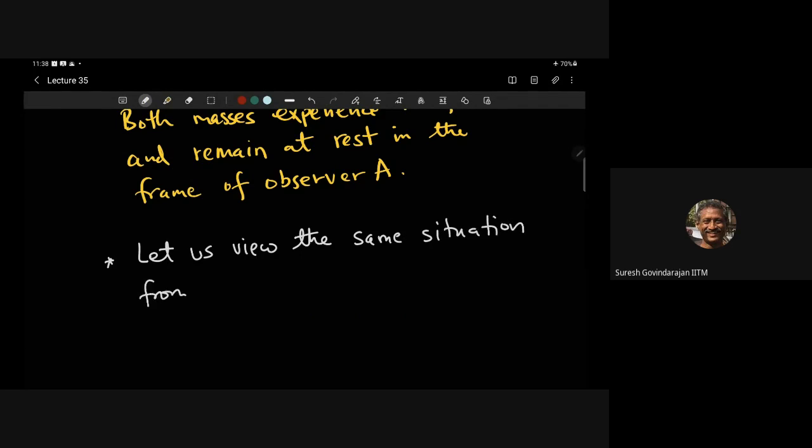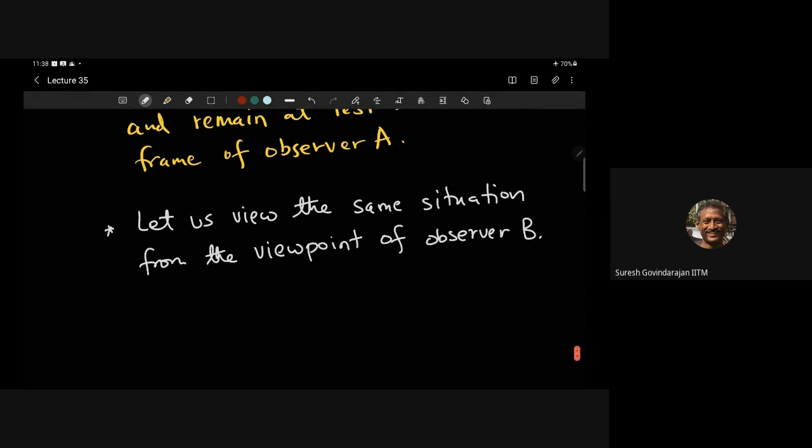Okay. So now let us view the same thing from the viewpoint of observer B. First thing is, what can we say about the two masses? Will they be at rest? They will be moving with a constant velocity. And what is the constant velocity? The velocity of the frame B?